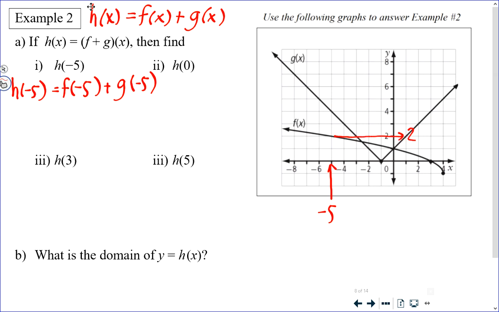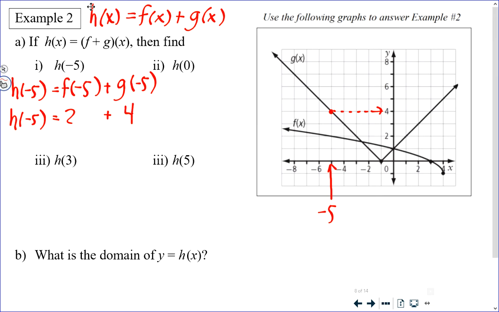So the y-coordinate is 2. Now we have h of negative 5 equals 2 plus, and now we need to figure out what g of negative 5 is. Well, when negative 5 goes in, this is the point on g, and the point on g that comes out is 4.